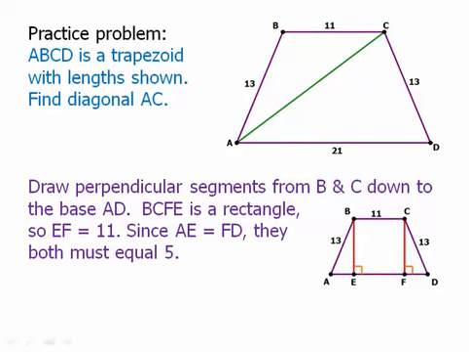And we know that AE and FD, the two small sides of the triangle, have to be equal to each other because those triangles are congruent. So it must be true that each one has a length of 5. So we split up the base, 5, 11, 5, and that adds up to 21.